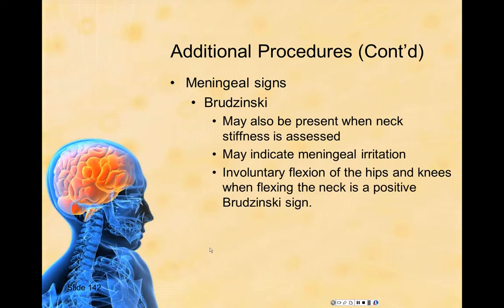Other meningeal signs, Brudzinski's sign, may be present when neck stiffness is assessed. That can also indicate meningeal irritation. This is an involuntary flexion of the hips and knees when flexing the neck. That's called a positive Brudzinski.